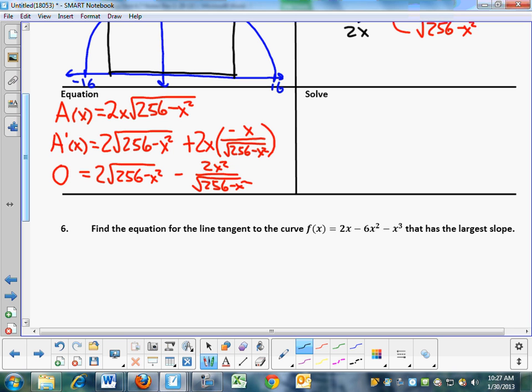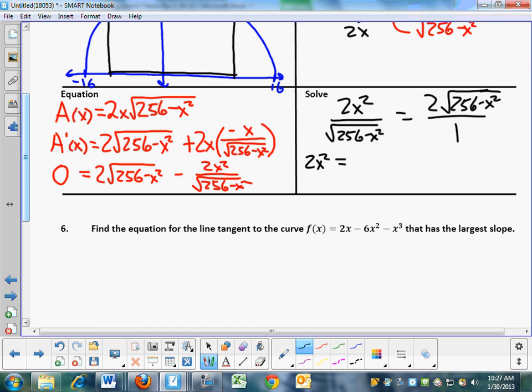Okay. If we set that equal to 0, we got 2x squared on top, square root of 256 minus x squared on bottom, equals, on the other side, 2 square roots of 256 minus x squared all over 1. What should I do? Cross multiply. 2x squared equals 2 times 256 minus x squared, right?